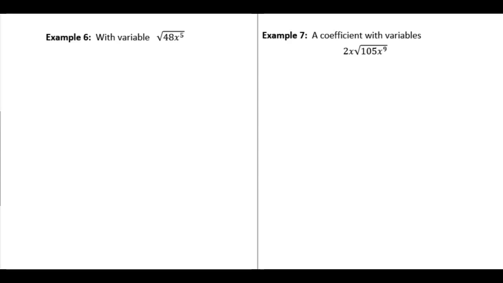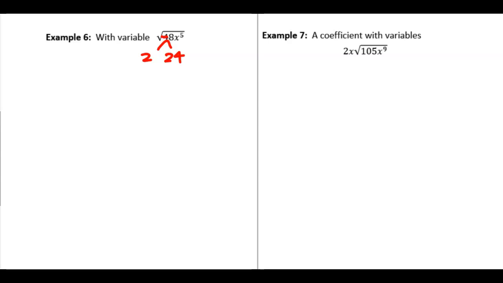Now, example 6. This one looks maybe more intimidating because of the x, but I'm going to show you it's not that bad. Square root of 48x to the 5th. First of all, do the number. 2 times what? 2 times 24.